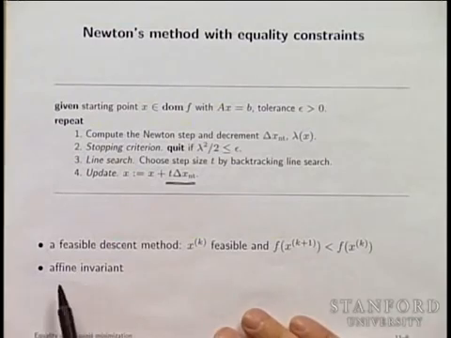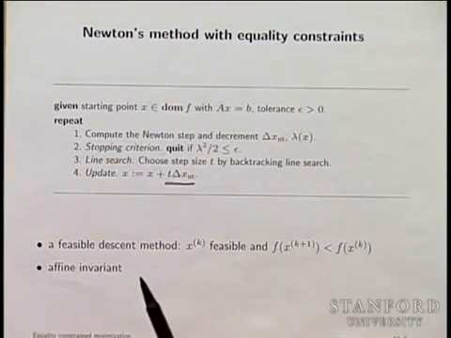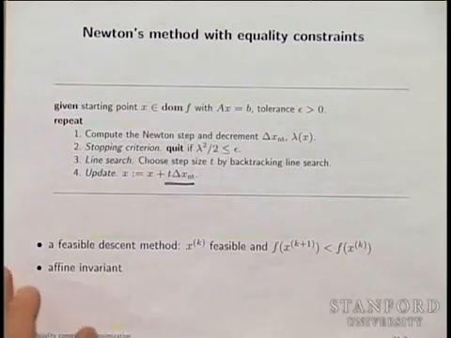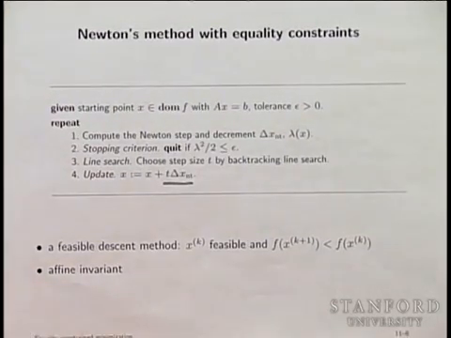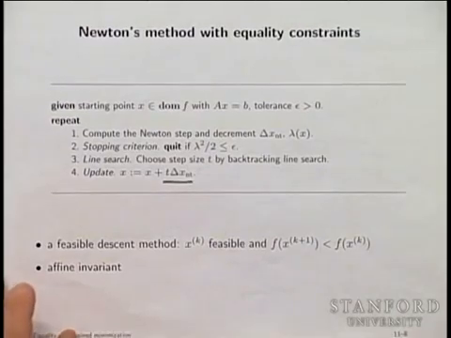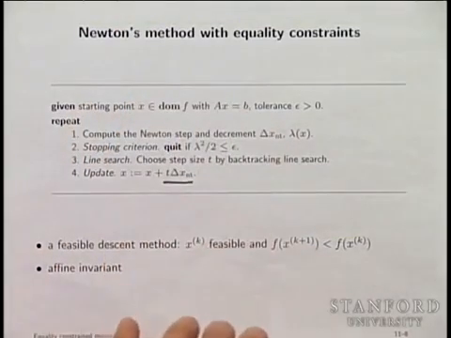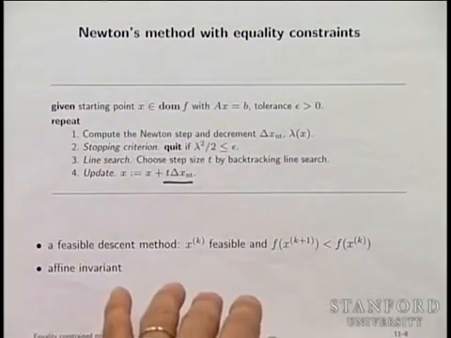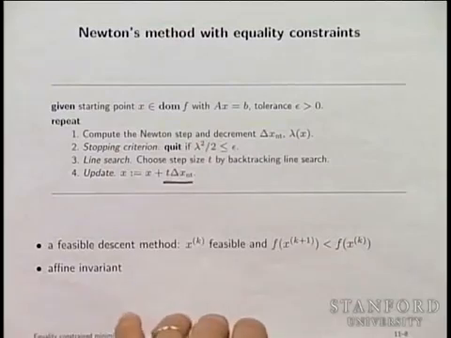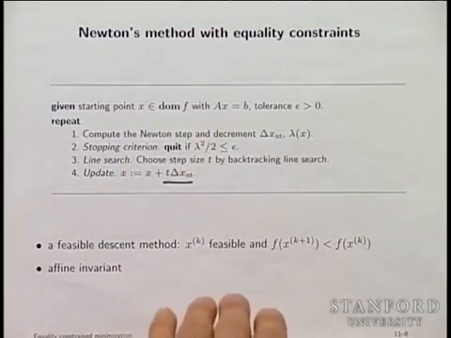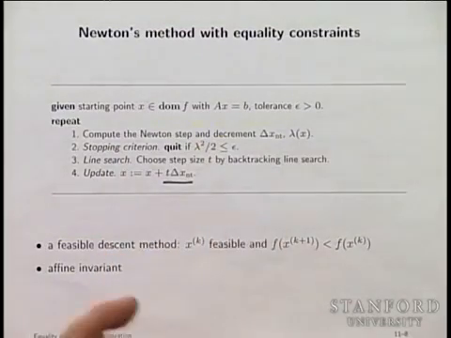Okay. Now this method is affine invariant. That's easy to show. If you change coordinates, you generate exactly the same iterates. So you get a commutative diagram there. It has all the features you'd expect to see of Newton's method, which is this affine invariance. What's interesting about it is, in fact, this is identical to applying unconstrained Newton's method after you use linear elimination of variables.